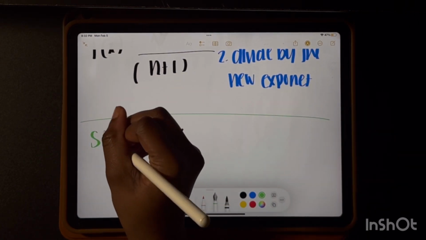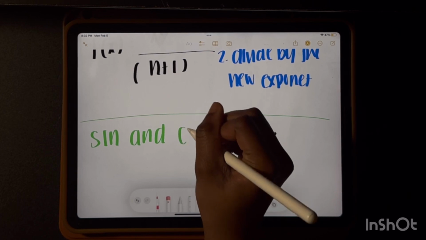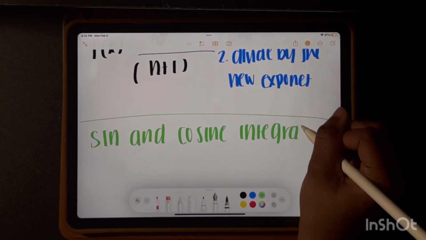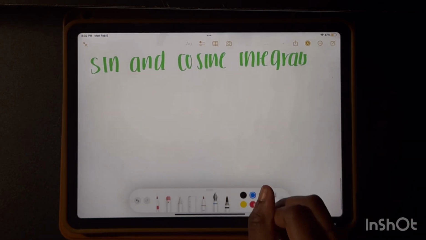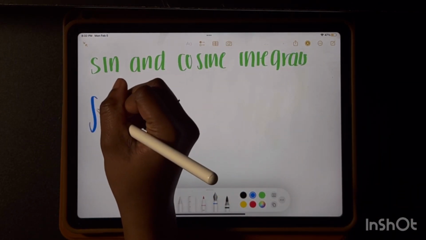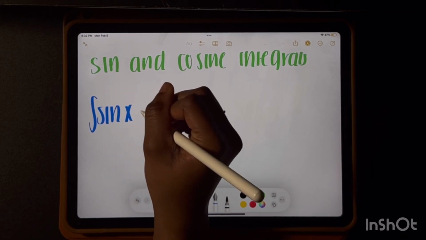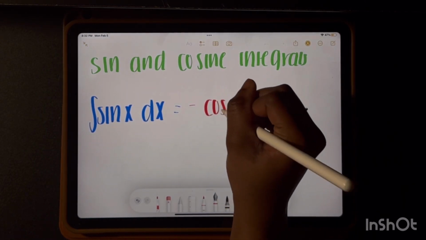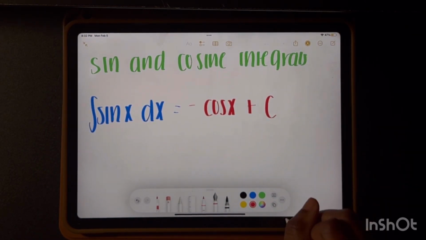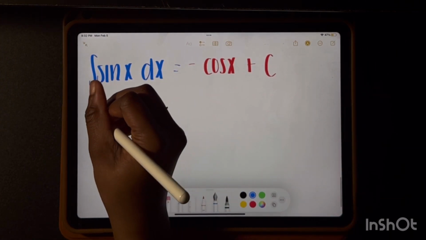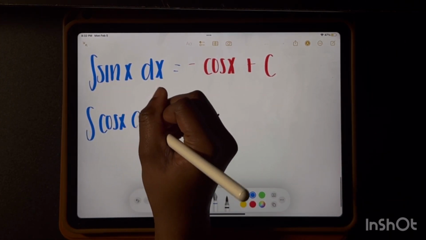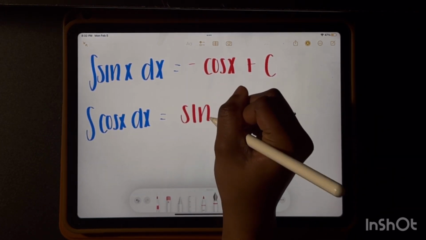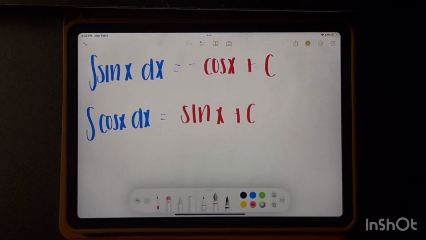Now let's look at sine and cosine integrals. So the integral of sine of x times dx will give you negative cosine x plus c. And the integral of cosine x times dx will give you sine x plus c.